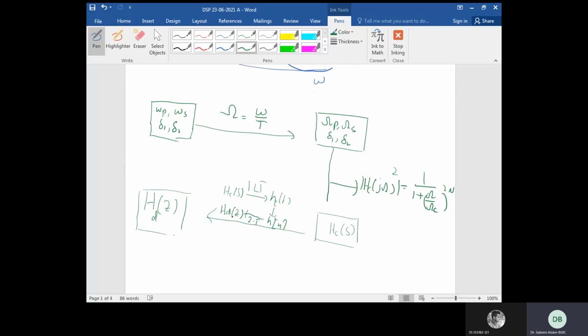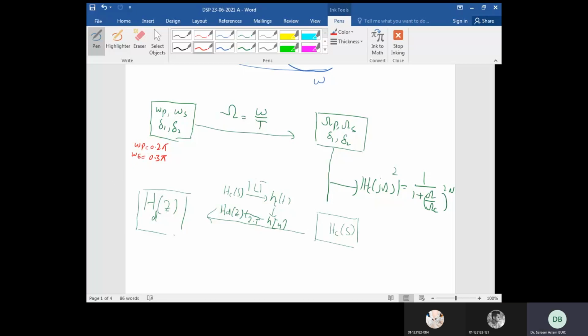Any confusion? No? So first, what is omega pass? Let me write the parameters here. What is the omega pass? 0.2 pi. What is the omega stop? 0.3 pi.